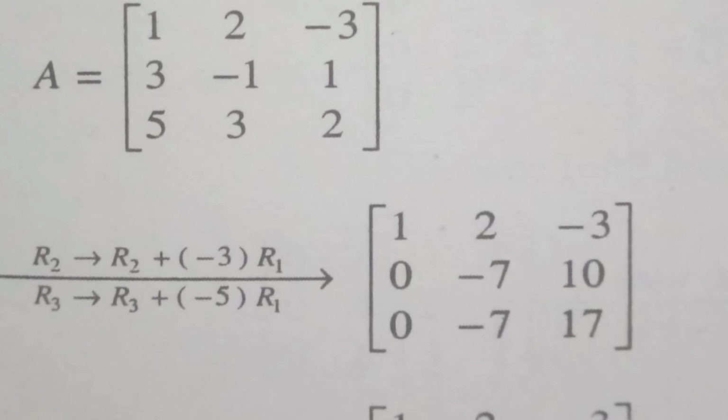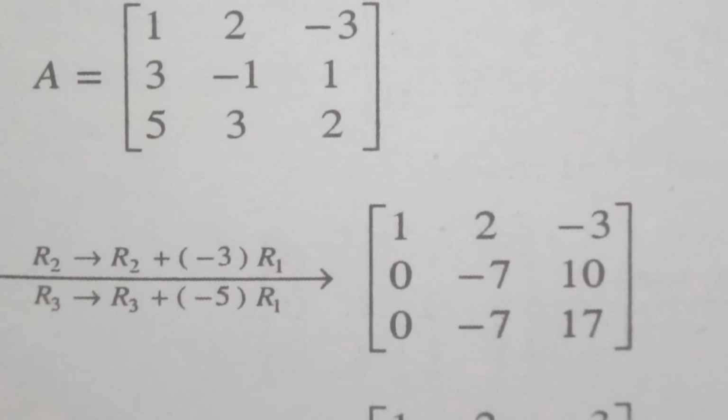So to make these 0, we use the transformation R2 plus minus 3 R1. In other words, the second row is changing as R2 plus minus 3 R1. So we multiply the elements of R1 by minus 3 and add it to the second row.